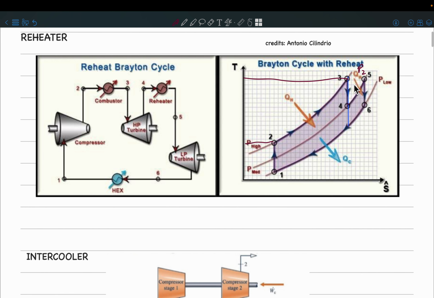But for example, if you compare the pressure at P2, where P2 is equal to P3, with P4 and P5, and they are approximately the same, then I will agree that it's very difficult to say about the thermal efficiency. But if the pressure ratios are dramatically different, then it is difficult to add more heat at lower pressures.